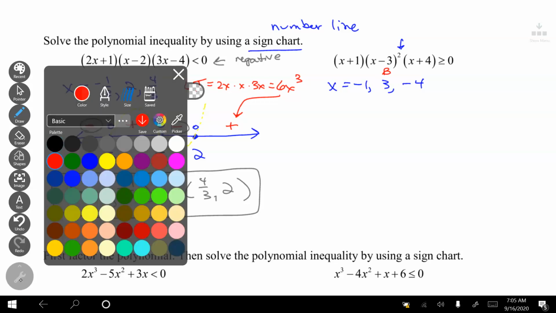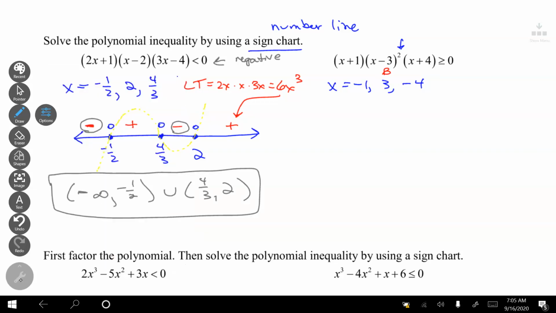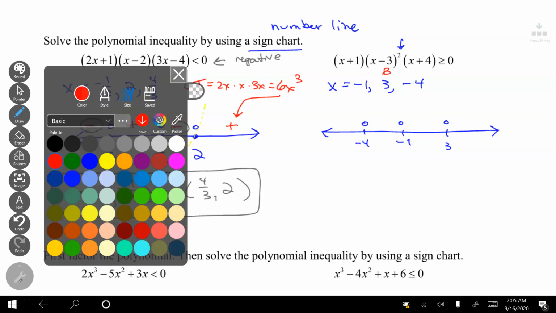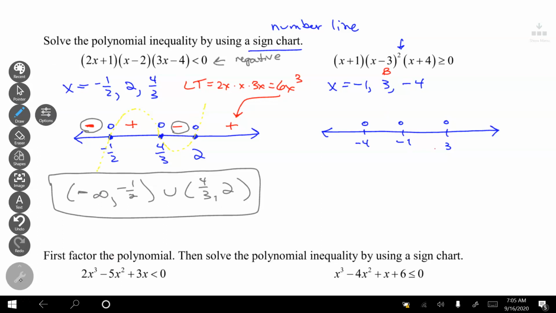So when I make my number line, I'm going to note that. Like I said, I don't care how big you make your number line. I don't care the spacing. Just put these numbers in order. Negative 4, negative 1, 3. These are the zeros, the x-intercepts. And I'm going to note that at 3 I have a bounce.